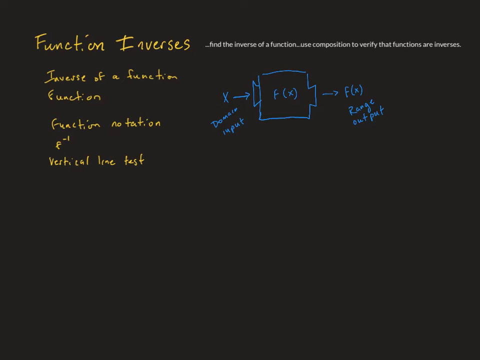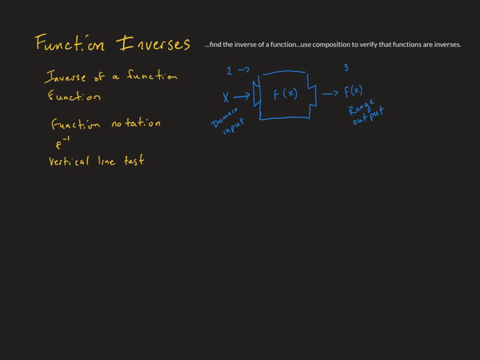So remember your function, for every value of x you put in, you get out a unique value of f of x. For example, if I were to put a 2 into my machine, I may get a 3 out. So putting something in and getting a unique value out is a function.